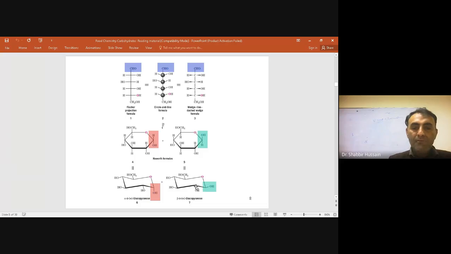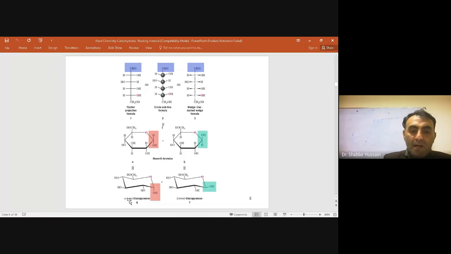Suppose each carbon has one axial position and one group in equatorial position. Suppose this one is equatorial position, and this one, and this one. This one is equatorial position, and this also exists in equatorial position. But their hydrogens exist in axial position. ठीक है, इनके जो हाइड्रोजन्स हैं वो एक्सियल पोजीशन में एग्जिस्ट करते हैं इसी तरह से.